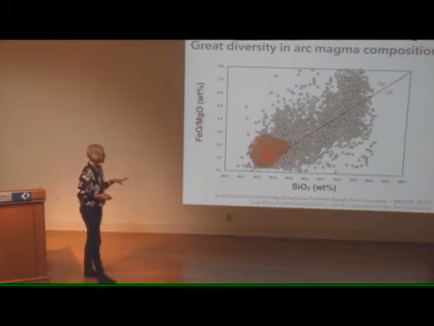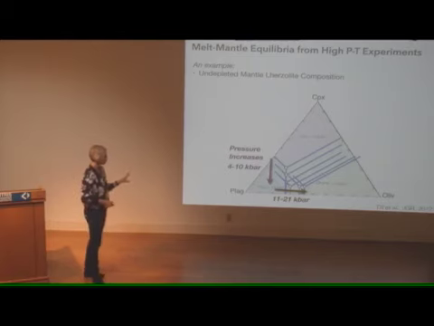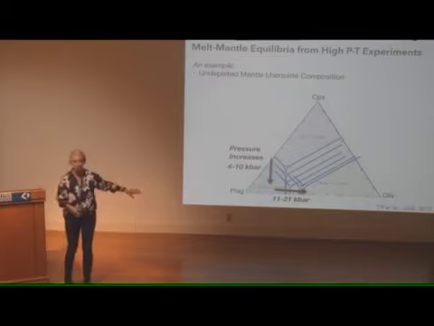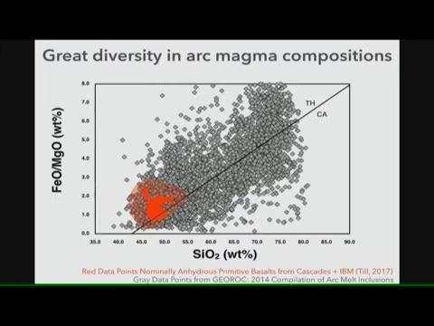So in the simplest sense, what I just showed you is a way of understanding dry melting of the mantle. Because what we've just done is take a mantle composition, change pressure and temperature, and see how melt composition varies. We have a fixed bulk composition in this example, and we have not added water to it. So we can explain the range of primitive mantle melts that we see at subduction zones.